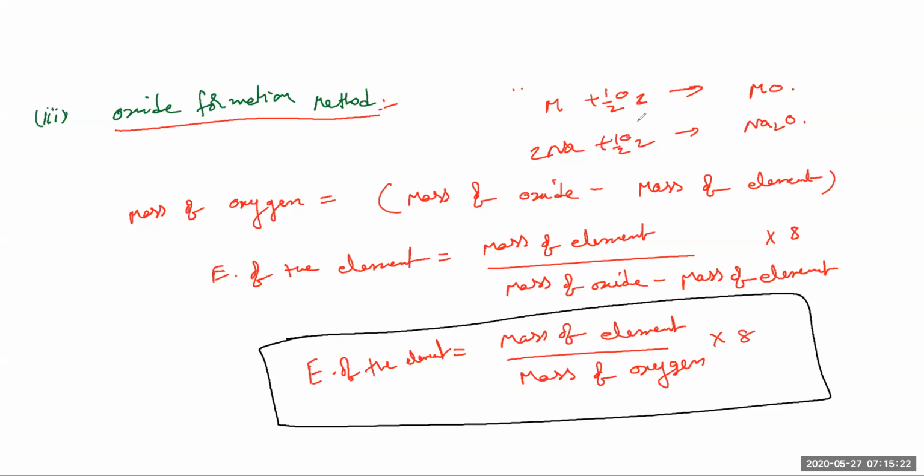In all remaining cases it is not equal. Equivalent weight is equal to the molecular mass by valency. What is the mass of oxygen? 16, but the valency is 2. 16 by 2 is 8. That is the answer in the second case. Now, what we have written is the mass of the element by the mass of oxygen into the equivalent mass of oxygen, that is 8. In the previous case, 1.008 is the equivalent mass of hydrogen.